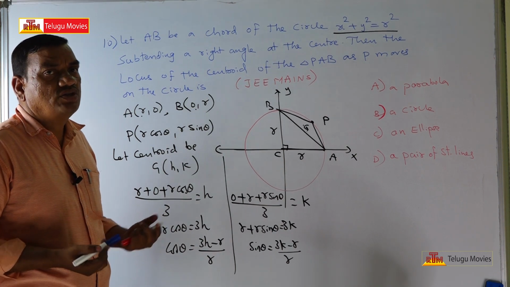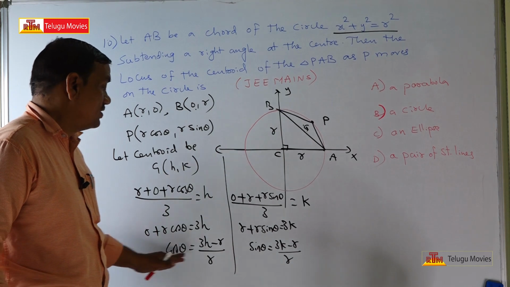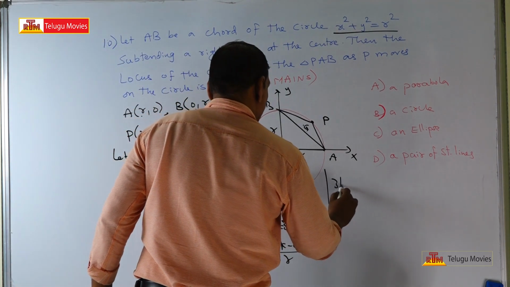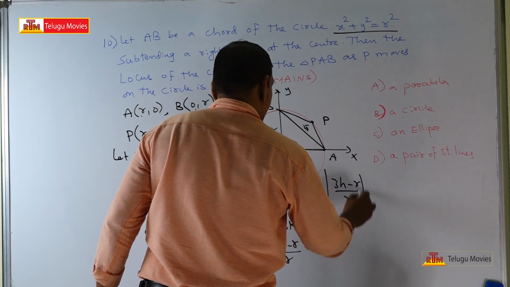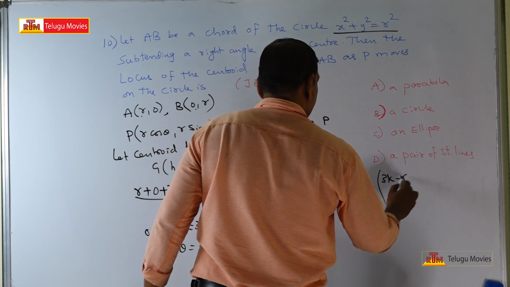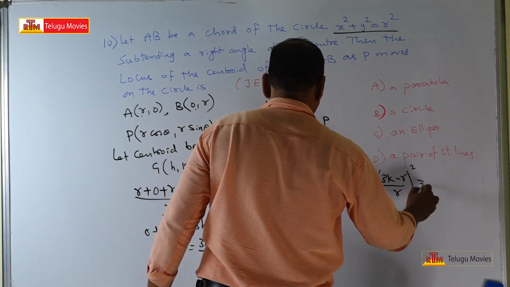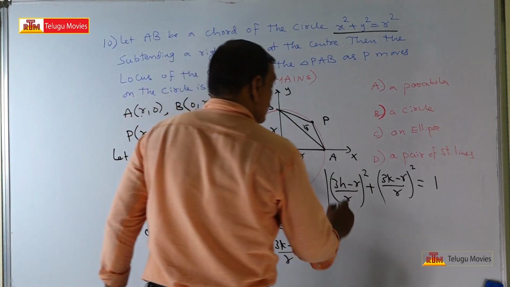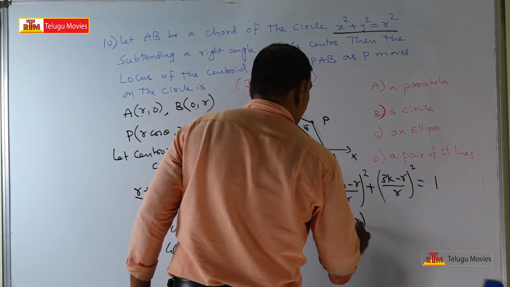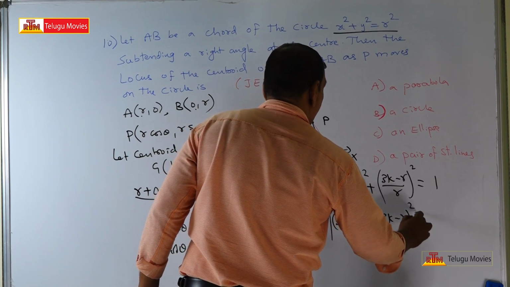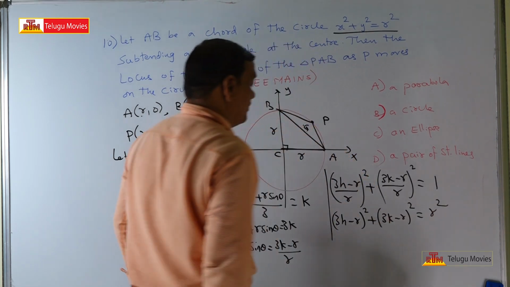For that, simply square and add. So cos square theta plus sin square theta is equal to 1. You will get ((3h minus r) by r) whole square plus ((3k minus r) by r) whole square is equal to 1. So this is (3h minus r) whole square plus (3k minus r) whole square is equal to r square.